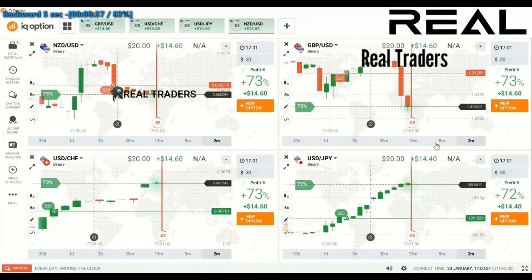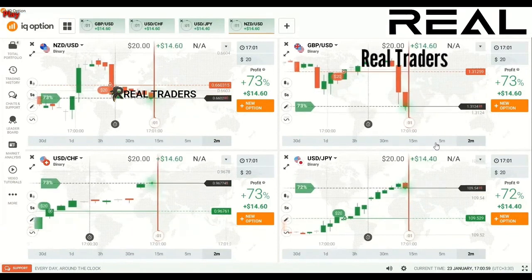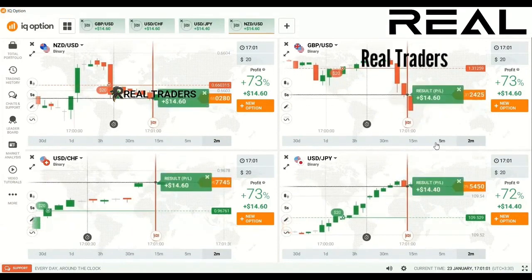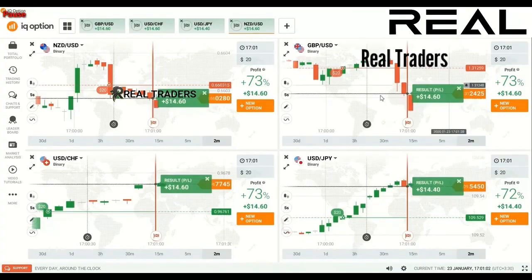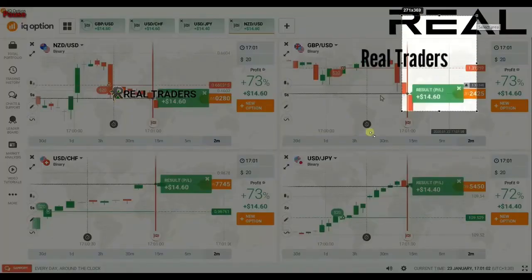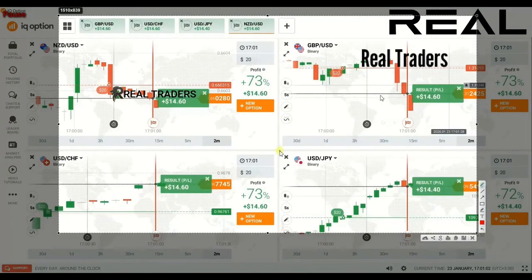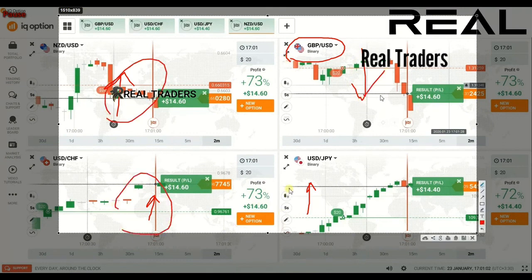Okay, let me show you again. You can see you will win at least 3 of these trades. So always open the 3 charts or 2 charts that the price will go up or down, and always open an opposite chart that the price will go down when these are going up.